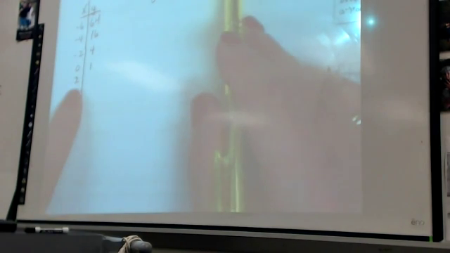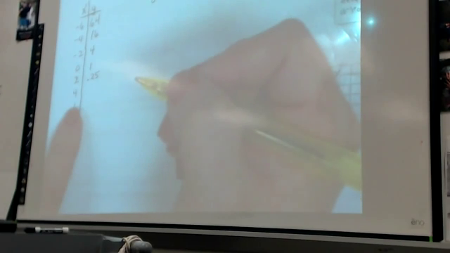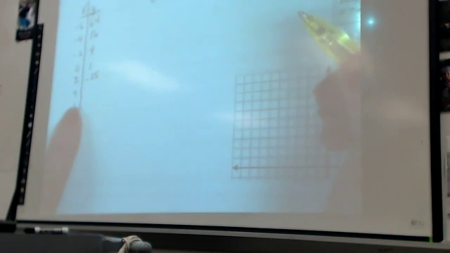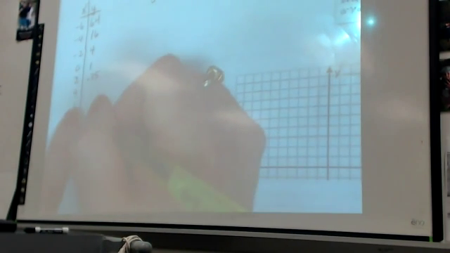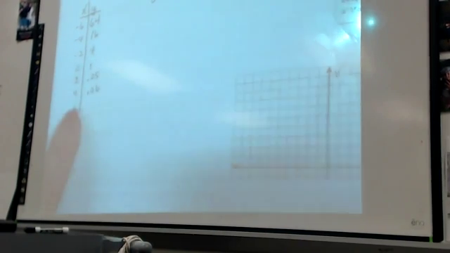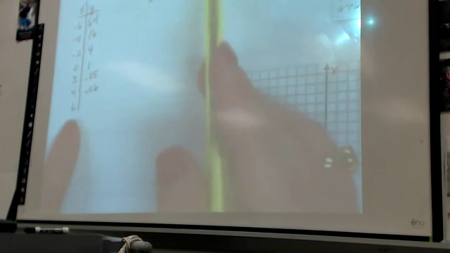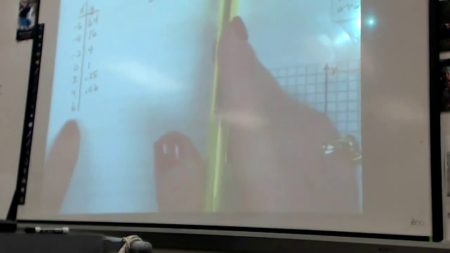1/2 squared would be what? 1/4? One half to the 4th would be 1/16. What's the decimal for 1/16, somebody? So 0.06. And then this would be 1/2 to the 6th power.